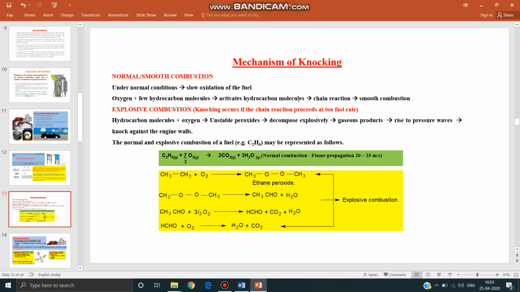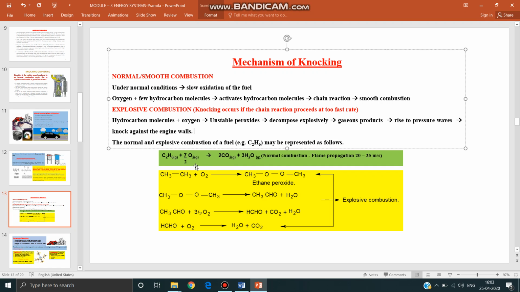So like this a chain reaction occurs. But in the case of explosive combustion, hydrocarbon molecules react with the oxygen and produce unstable peroxides, and these will decompose explosively and produce a lot of gaseous byproducts. So there will be a lot of pressure developed, and due to this, that will create the knocking sound.